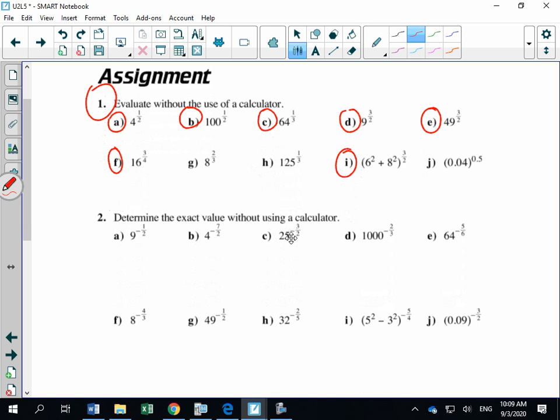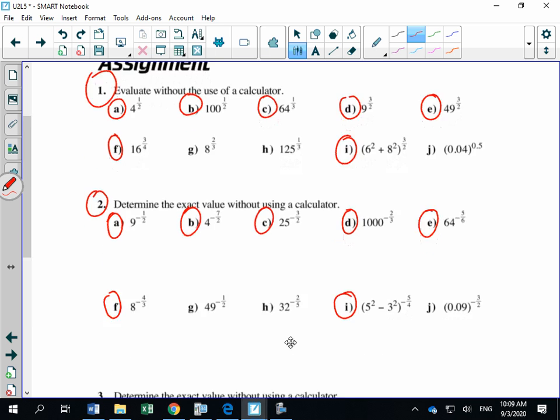For number 2, I want you to do the same thing. I said A to F. Oh, there's no negative. Sorry, I'm just looking for if there's another example with a negative. And there's not. So 2A to F, and please do I as well.